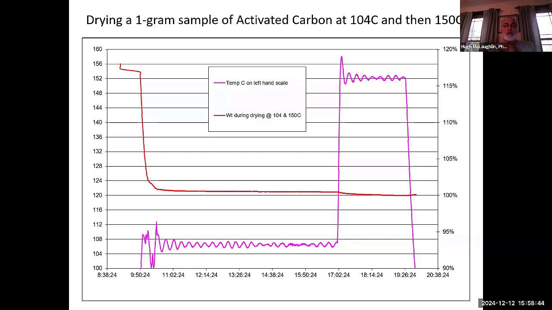The pink-purple line is the temperature. It's oscillating because it's a very accurate measurement of temperature, and it bounces around. But you can see that at 150 degrees, when we go up to the higher temperature, the weight comes off very rapidly and is stable.